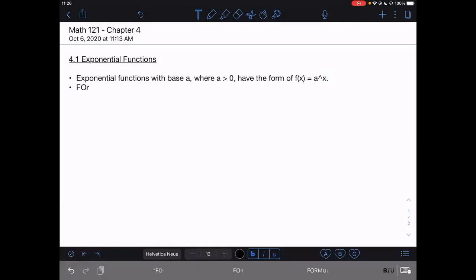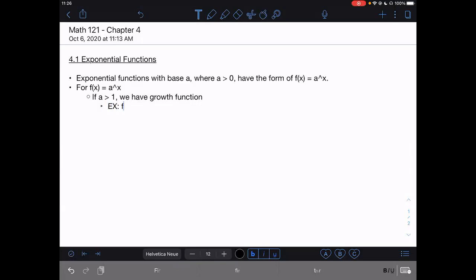So for this function f of x equals a raised to the x power, if a is a real positive number that's strictly more than 1, then in that case, we have what's known as a growth function.